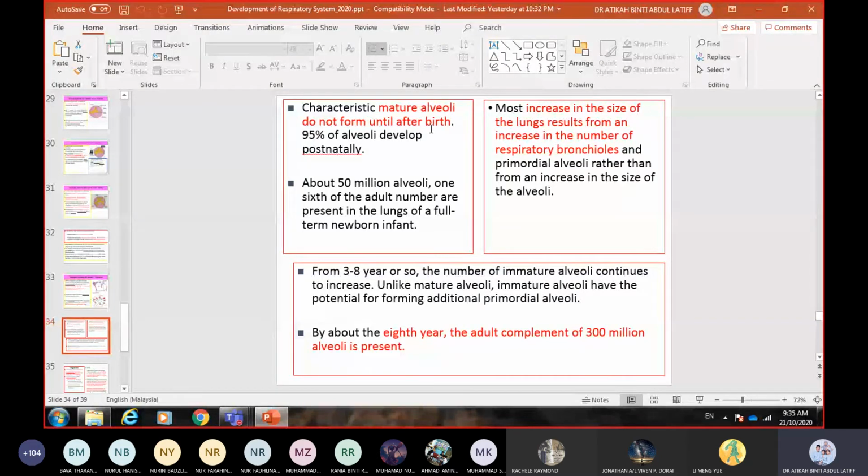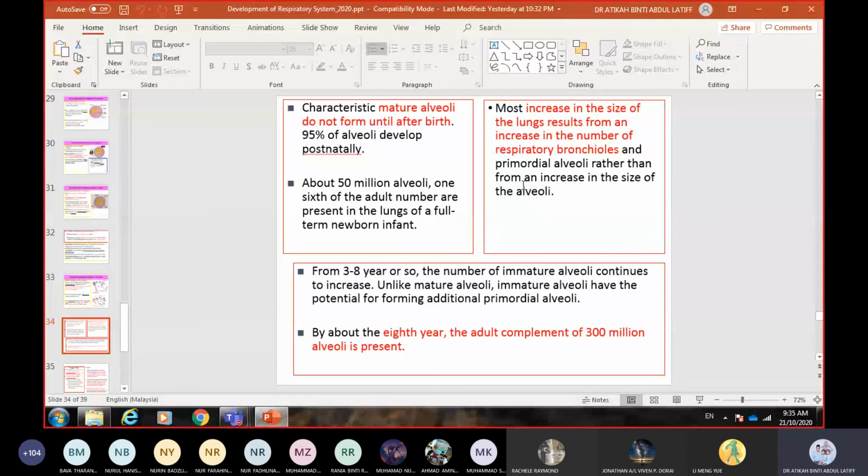About 50 million alveoli, one-sixth of the adult number, are present in the lungs of the full-term born infant. The increase in the size of the lungs is due to the increase in the number of respiratory bronchioles rather than the size of the alveoli.